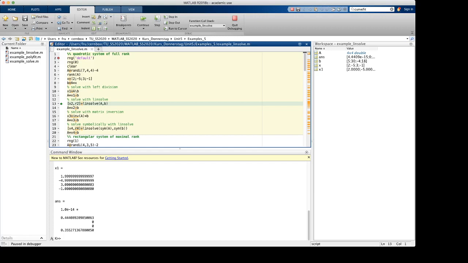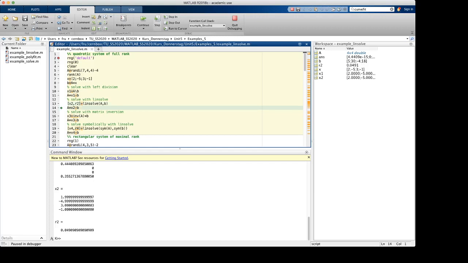We can do the same with linsolve. This is actually the same algorithm as the left division, but it also returns a quantity R2 along with a solution X2, and R2 is the inverse condition number. So if R2 is 0, then the problem is ill-conditioned and the solution cannot be trusted.